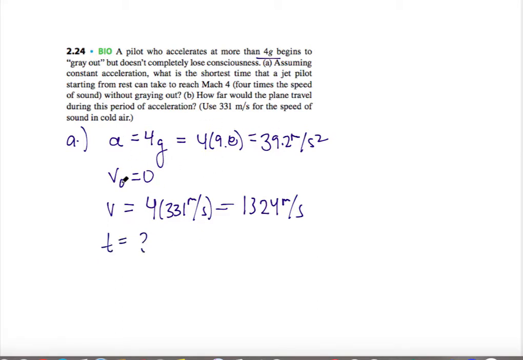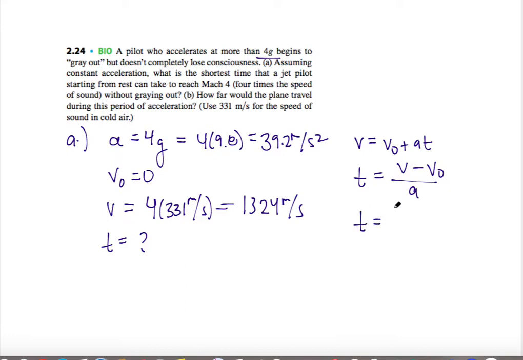So I have acceleration, v naught, v final, and t. I have an equation that involves all of these. That is kinematic equation number 1. So I have v equals v naught plus at, and I'm going to solve this for time. Little rearranging gives us v minus v naught over a is equal to t.